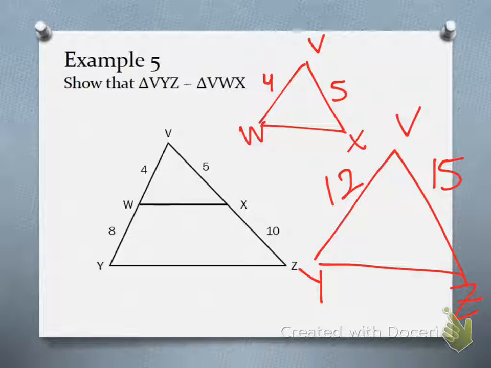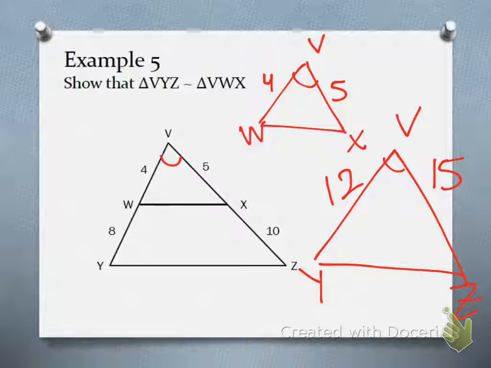In the bottom one, we might call it YVZ. But either way, that's the exact same angle that came from the very top of those triangles. So we know we've got a congruent pair of angles. So now we just need to show that these side lengths are proportional.